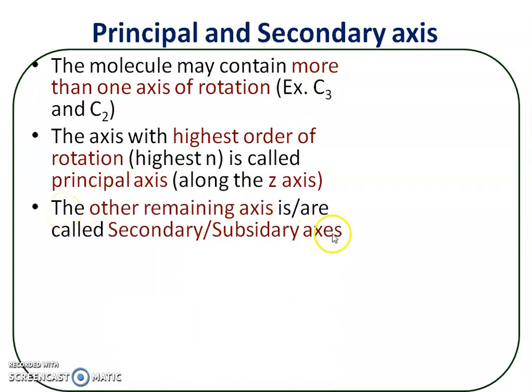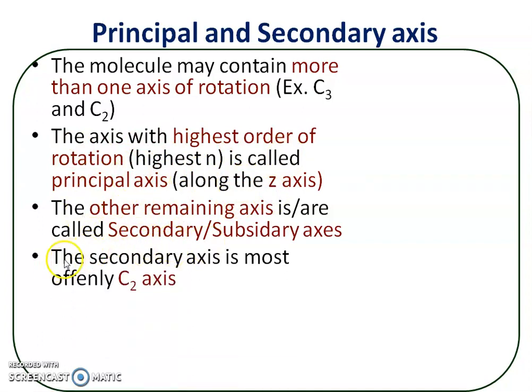The other remaining axes, which may be one or more than one, are called secondary or subsidiary axes. If more than one axis exists, then one must be principal and the other is secondary.